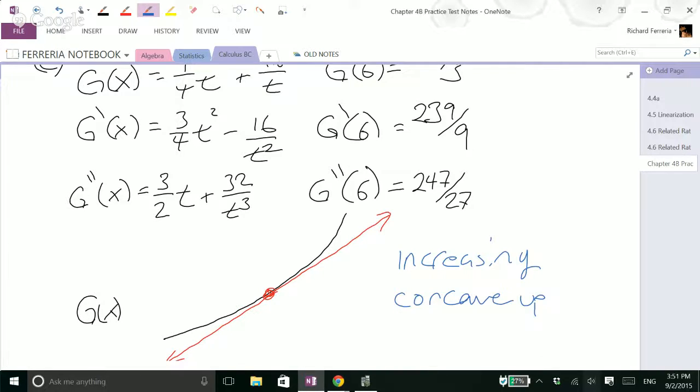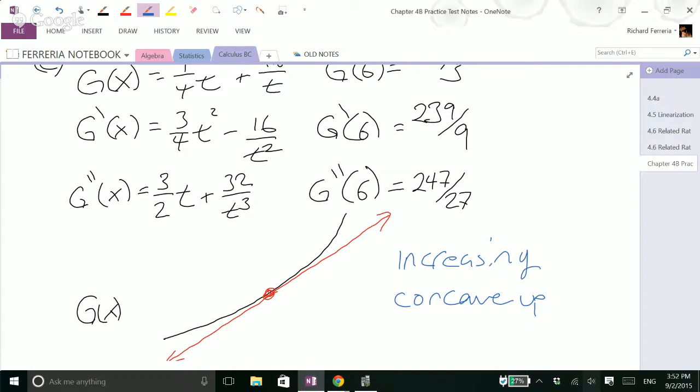So the question is, does the tangent line under approximate or over approximate? Is the y value greater or less than the actual value? The actual value is the black line, right? The tangent is the red line.